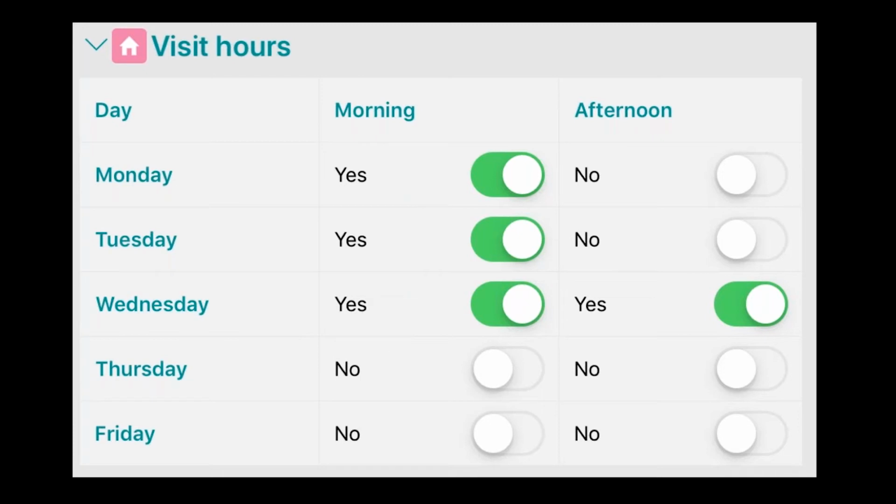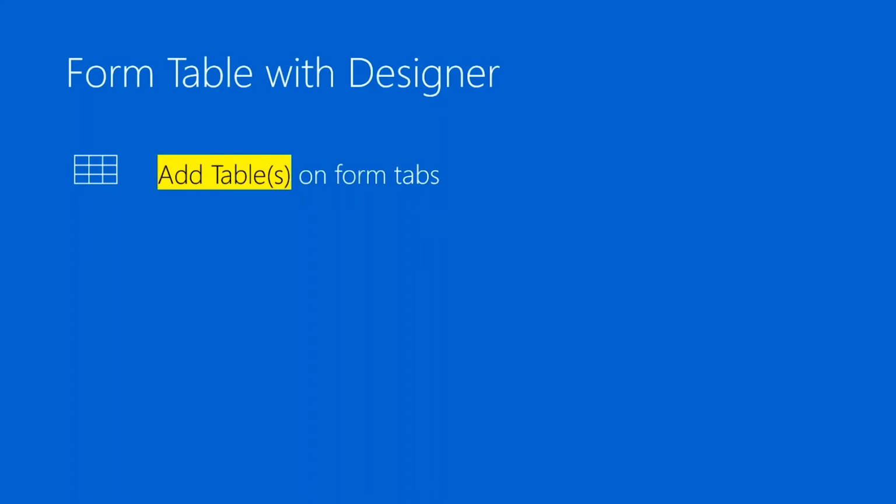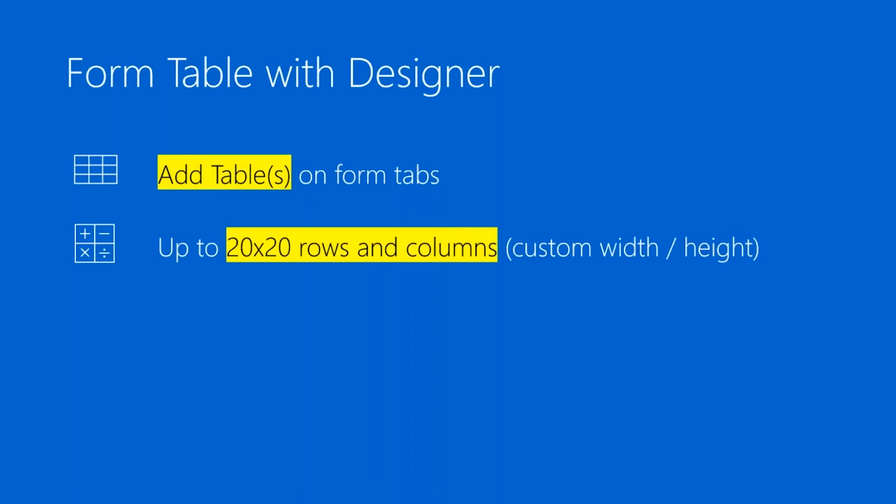So for this, we've added a feature which is called Form Table with a nice designer. This allows you to add tables on the Form tab, so a new type of element called Form Table. This can be up to 20 by 20, and each row and column can have custom width and height, so you can get really flexible with your layouts.